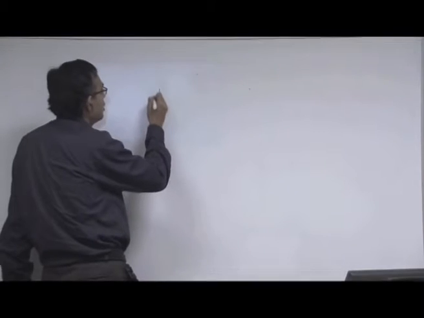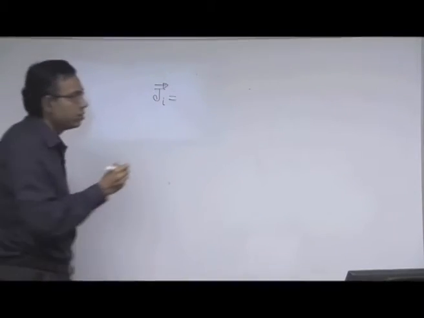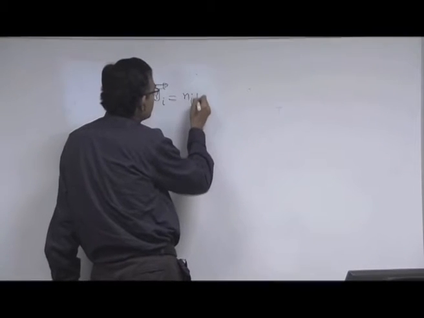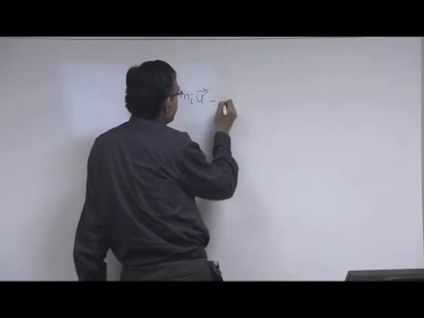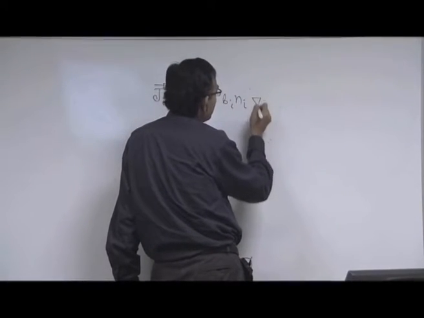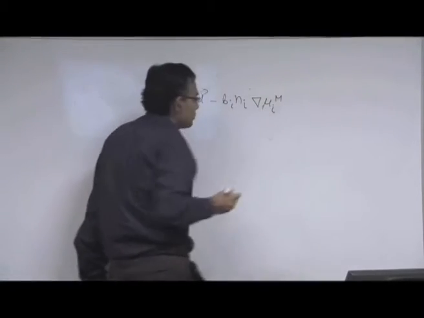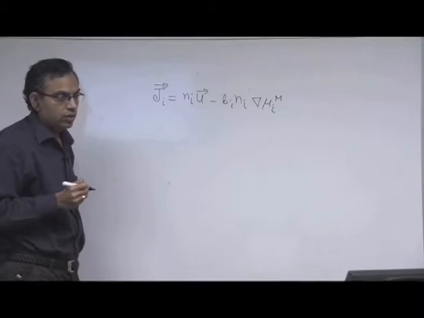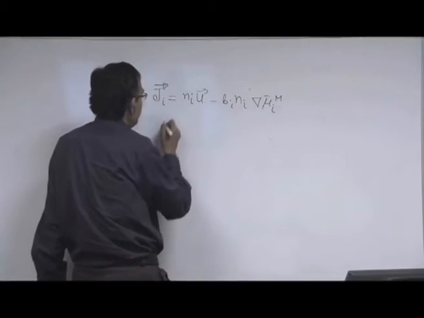Okay. So now, let me write the expression for J on the board. Ji is equal to Ni u minus Bi into grad of mu i m. What is mu i m, or mu i bar m?